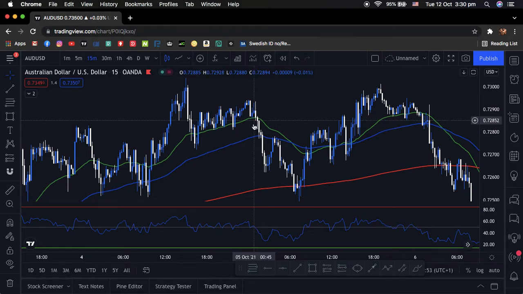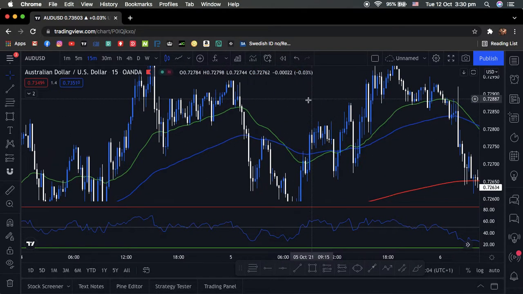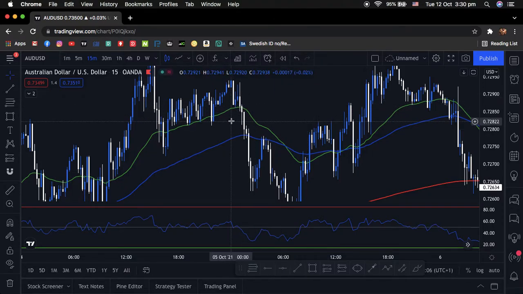Now what happened here? The next candle retested, and then it closed below the smoothing average. So the candle must close under the smooth moving average. Now as soon as that happens, we look at the RSI. Where is the RSI? We are below the 50 line.